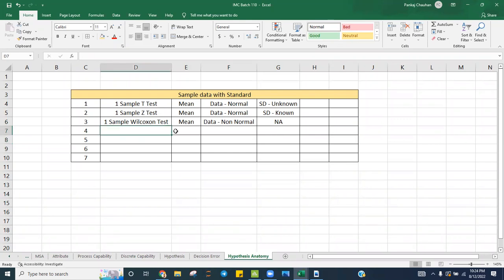You use one sample sign test when you are comparing the median of a non-normal data. Standard deviation here as well, not applicable. So you use one sample sign test when you are comparing the median of a non-normal data.